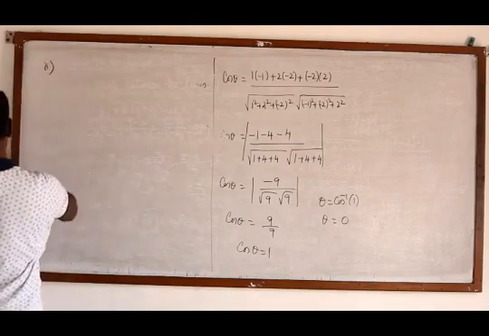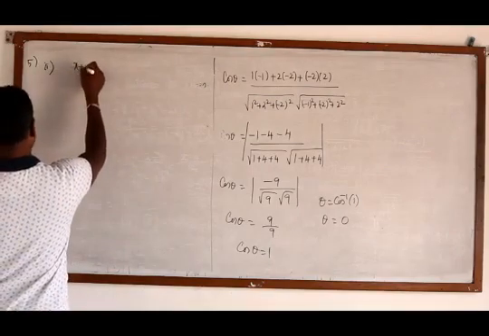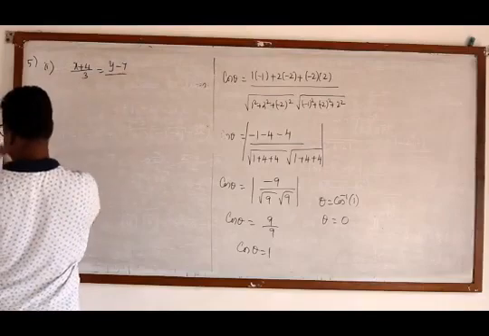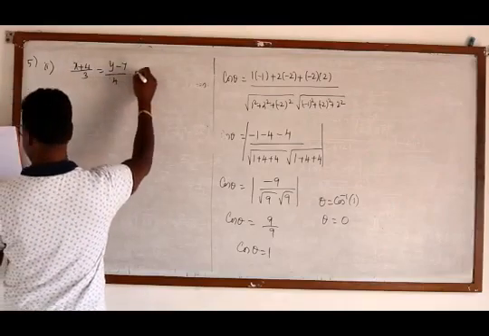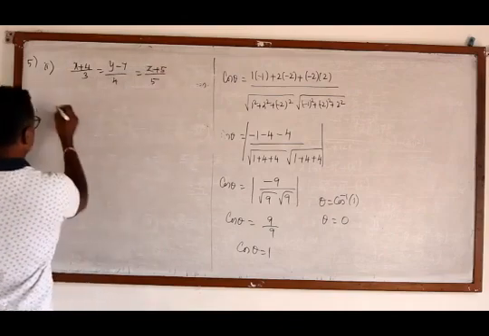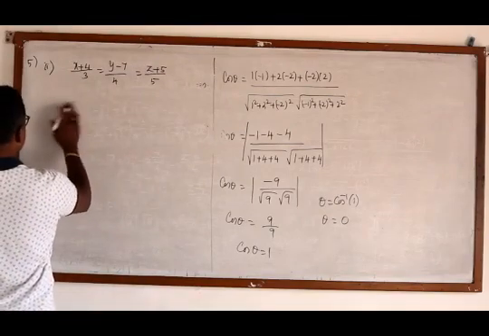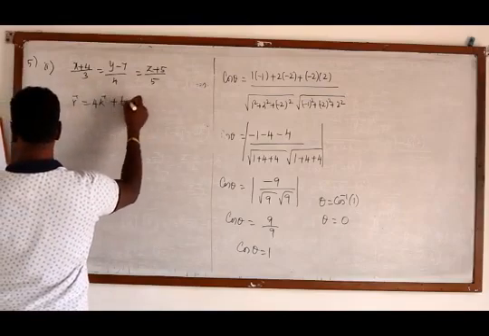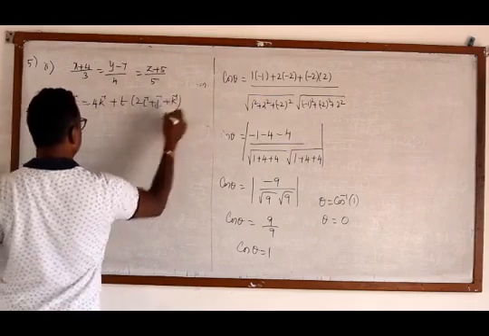Second problem under 5. x plus 4 by 3, y minus 7 by 4 equal to z plus 5 by 5, and r vector equal to 4k plus t into 2i plus j plus k.